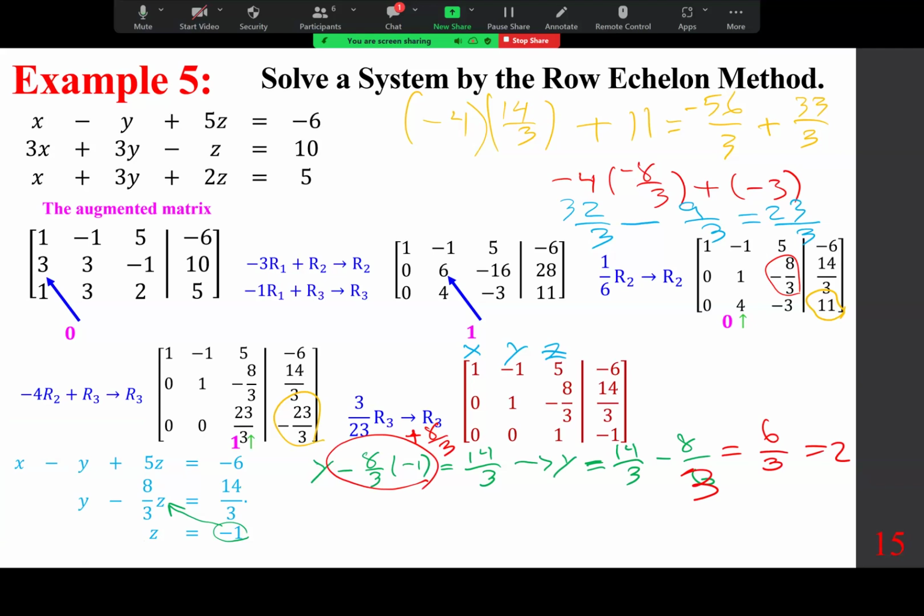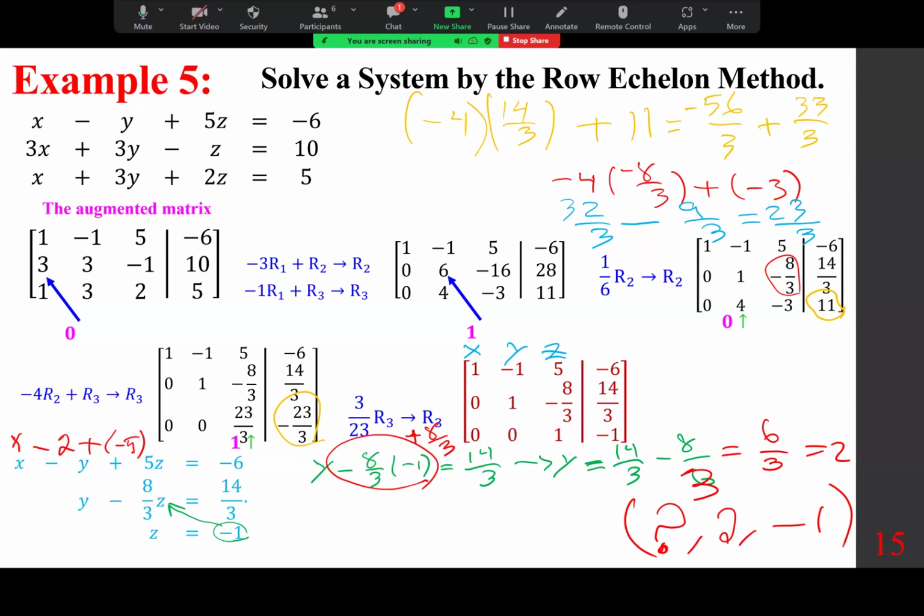So we have z equals -1, y equals 2, and x is missing. So you put into the first equation x minus y, which is 2, plus 5 times z. That means -5, right?